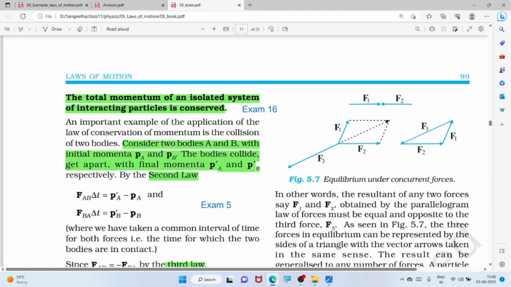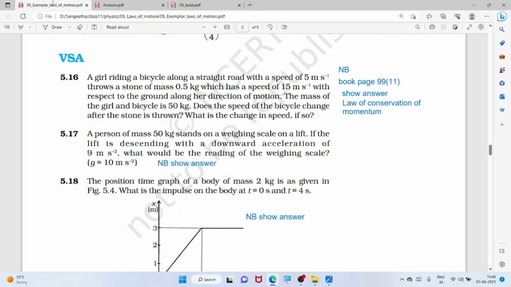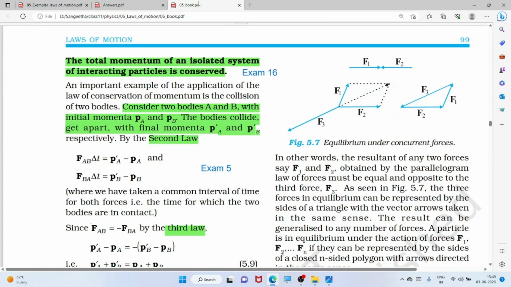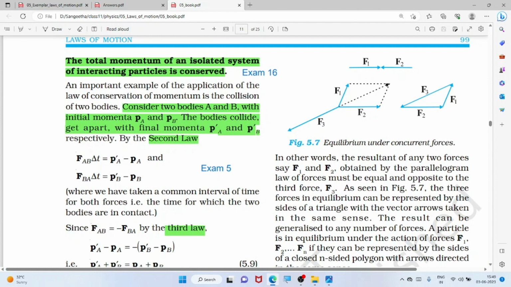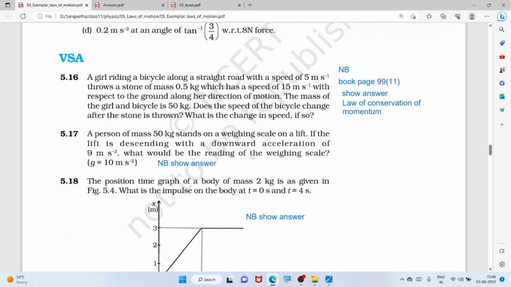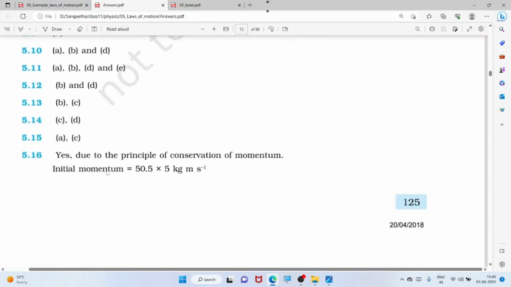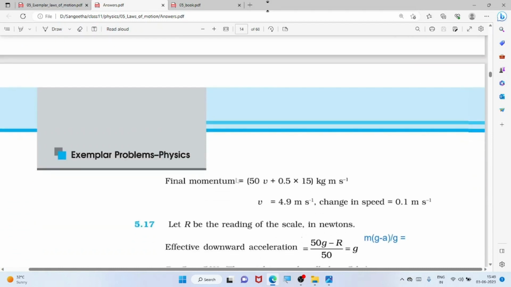Total momentum, that is the law of conservation of momentum. Yes, due to the principle of conservation of momentum, initial momentum is this, final momentum is this, and there is a change in velocity of the bicycle.